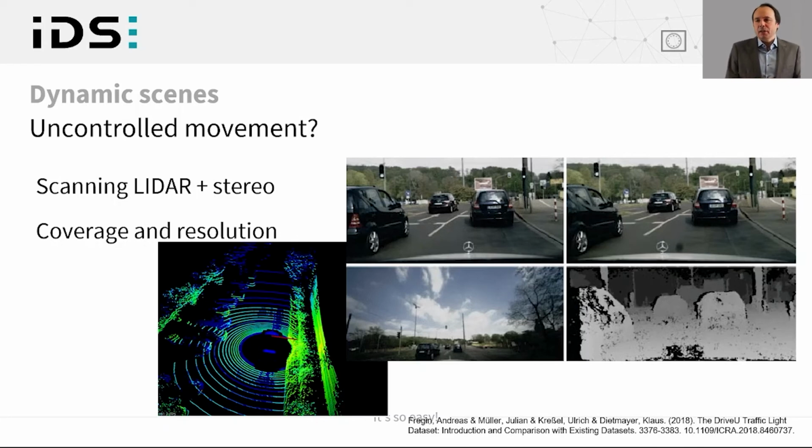So here, the current debate is that actually for driving assistance, a scanning LiDAR setup plus some stereo vision is the system of choice in many technologies that are currently brought to the market. You can see here on the lower right-hand side how the stereo camera in this car gives an almost filled representation of, let's say, the area in front of the car.